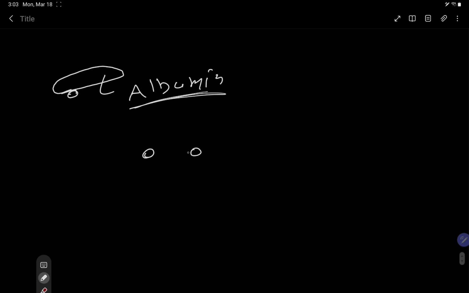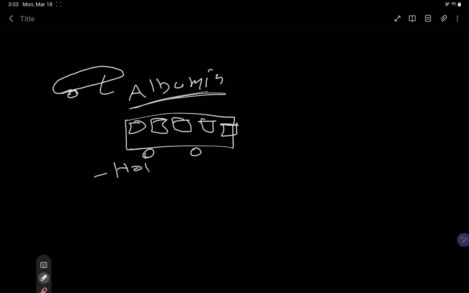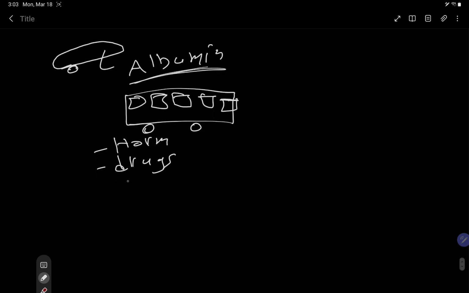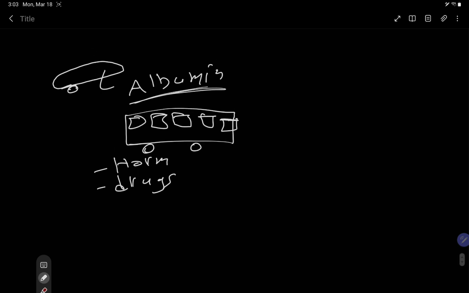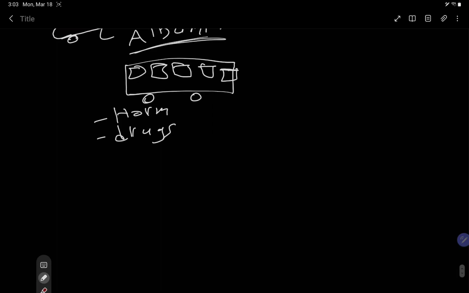It's like the public bus, the school bus of the blood. It carries everything. It carries certain hormones. It carries certain drugs. It carries even certain chemicals like bilirubin. So it's the public transportation unit of the body.